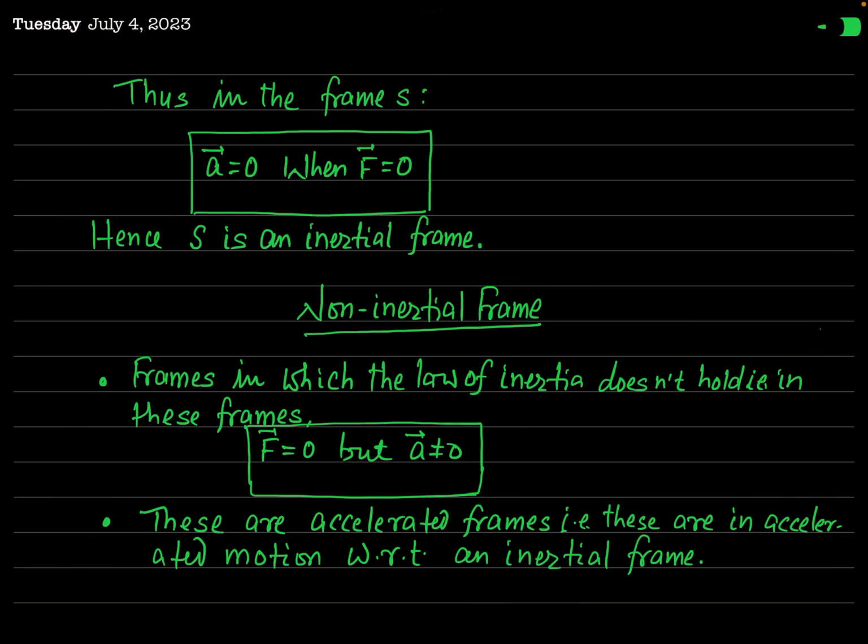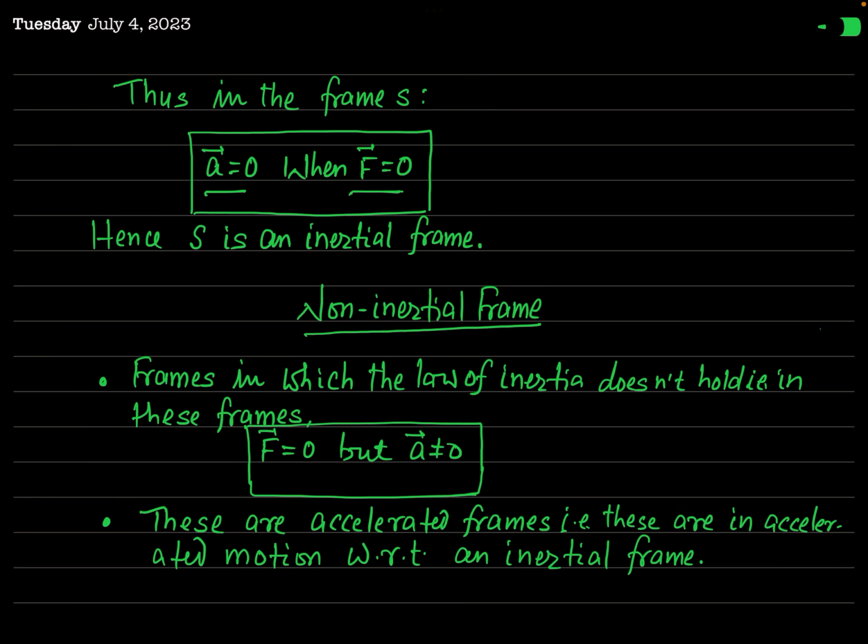Because he will claim that I am observing that the acceleration of a body on which net force is zero is also zero, and so Newton's first law of motion is holding. It is valid in this frame S because the event taking place in frame S is this: F is zero and then A is also zero.